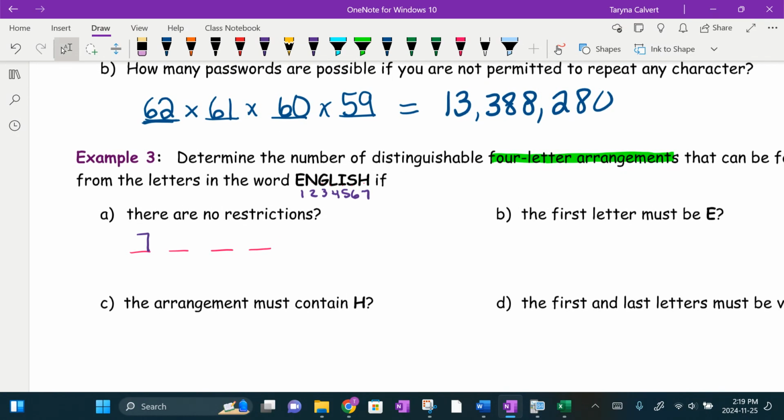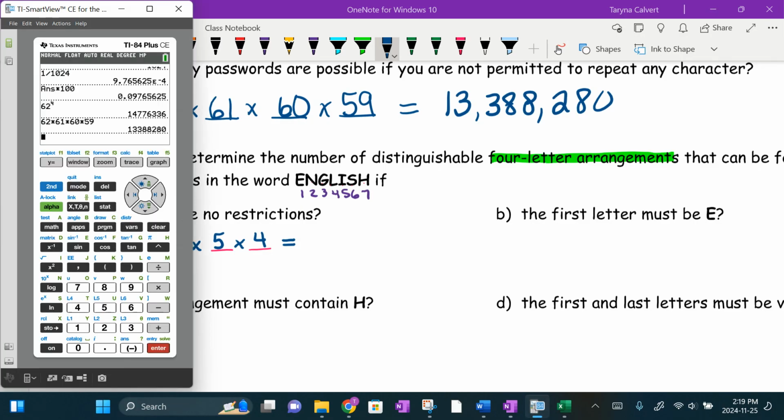But now the process is the same. So how many choices do I have to put in the very beginning of my arrangement? 7. How many choices do I have for the second spot? 6. Third spot? 5. And fourth spot? 4. If I arranged all of them, would I go all the way down? Yes.